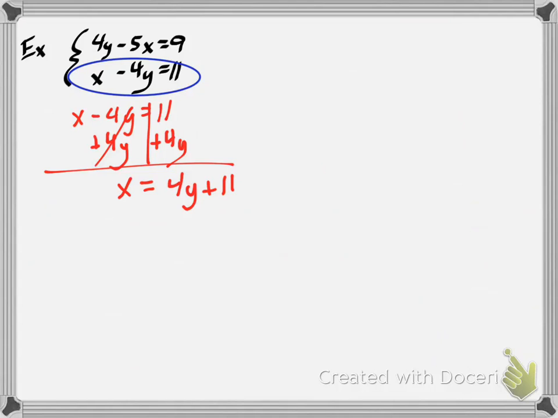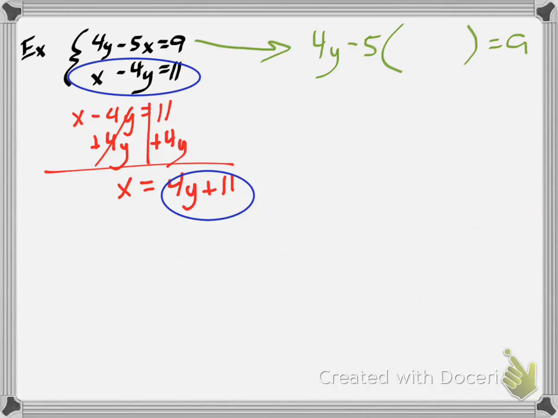There. So now we're going to substitute 4y plus 11 in for x in one of the original equations, the one that's left over. So I'm going to take that over here. 4y minus 5 times, instead of x, I'm going to put 4y plus 11 equals 9. So right here I'm going to put 4y plus 11, not equals 11, plus 11.